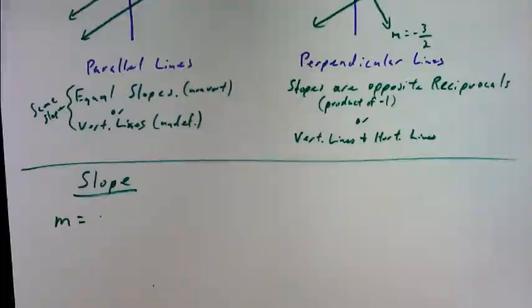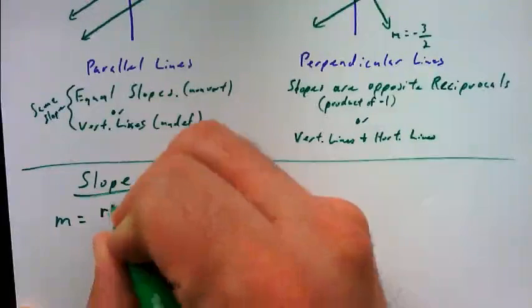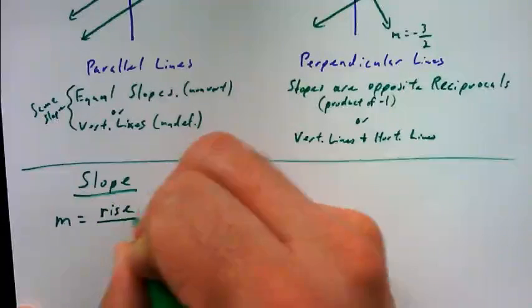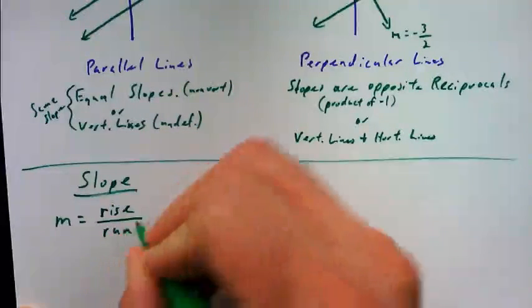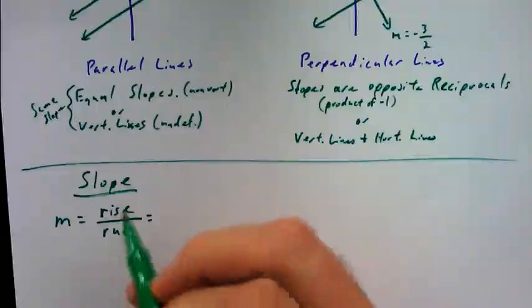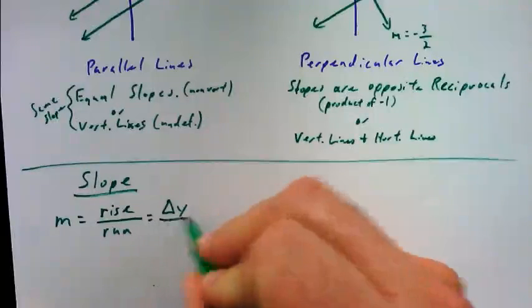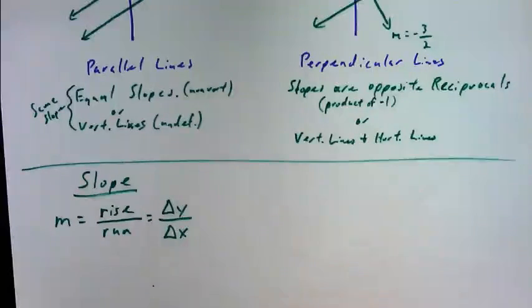So slope. How do we define slope? Let's start easy. If I say rise over run, you guys remember slope in that manner, right? So if you're looking at a graph, you go up and then you go over. Or instead of using the basic terms of rise over run, you could say change in y over change in x.